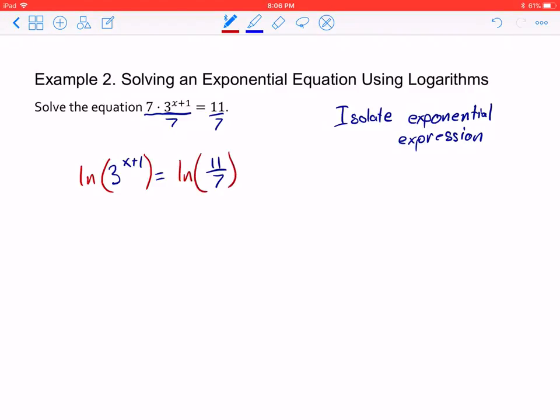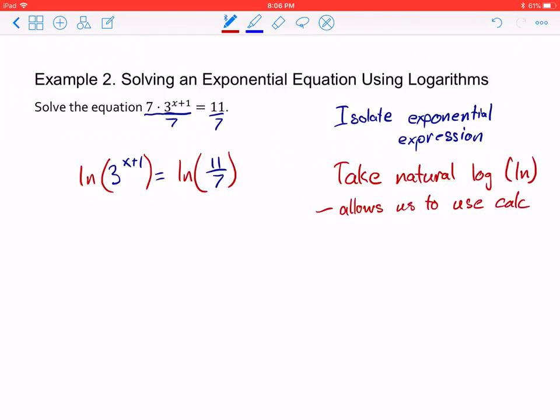And again, the reason I'm taking the natural log is just so I can get ready to evaluate with a calculator in case I need an exact value.